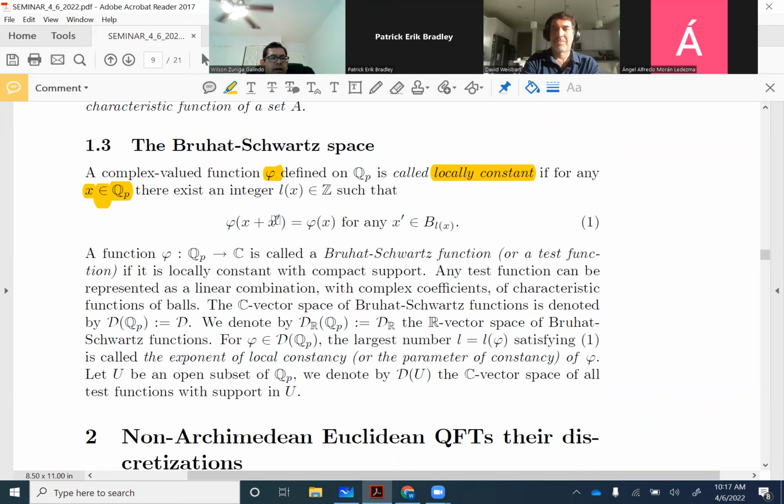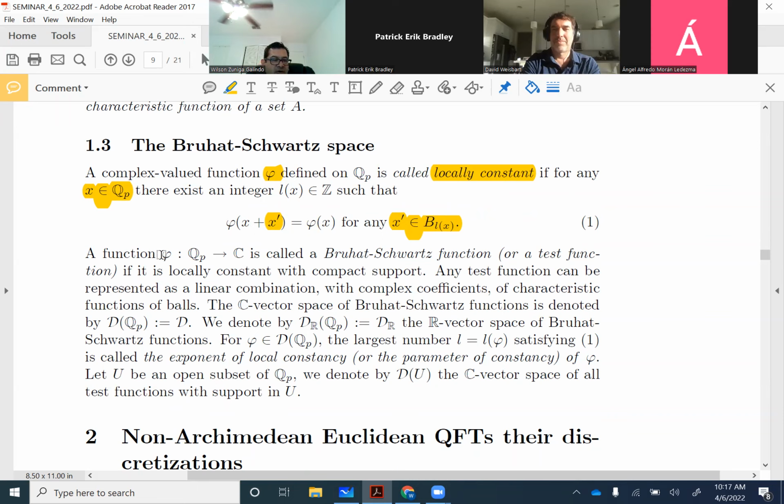What is the meaning of 1? The value of the function at x doesn't change if we perturb x by x prime, where x prime is very small. If x prime belongs to a small ball around the origin, the value of the function doesn't change. Okay, the function is locally constant.